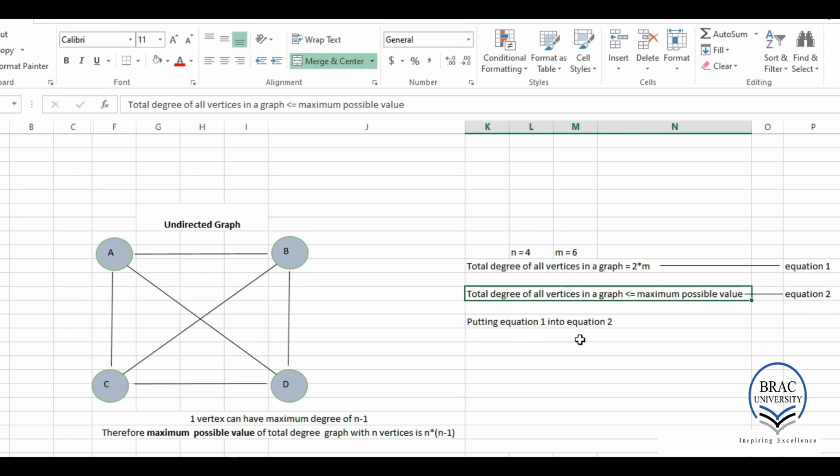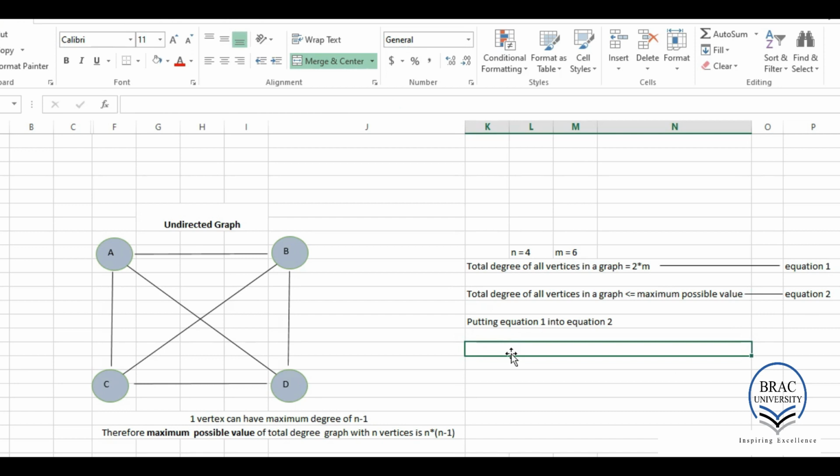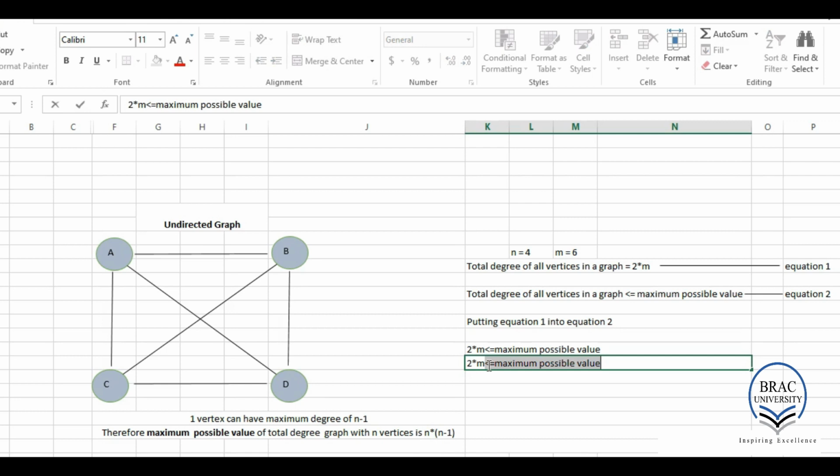If I put equation 1 into equation 2, then I can write 2 into m is smaller than or equal to the maximum possible value, right? Now the question is, what is the maximum possible value? The maximum possible value is n into n minus 1. So 2m can be smaller than or equal to n into n minus 1.